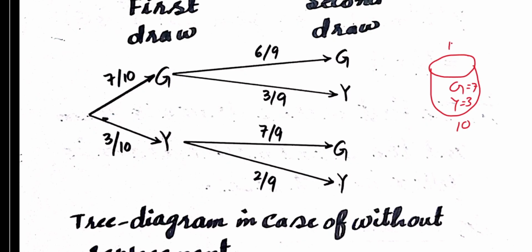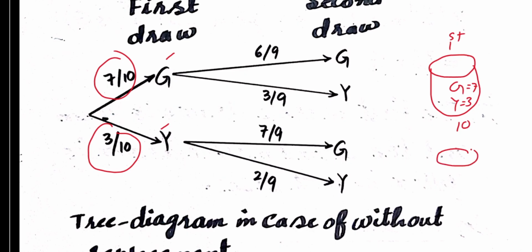And this is my first draw. When at the first draw you pick a marble, it will be either green or yellow. There are a total of 7 green out of 10, so the probability of green is 7 by 10. Similarly, there are a total of 3 yellow marbles, so the probability is 3 by 10 here. So that finishes the first draw.